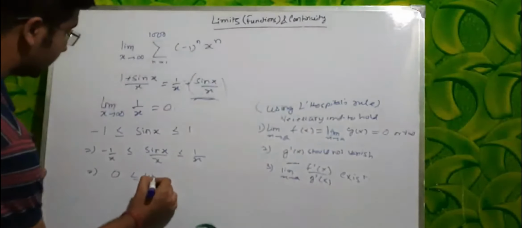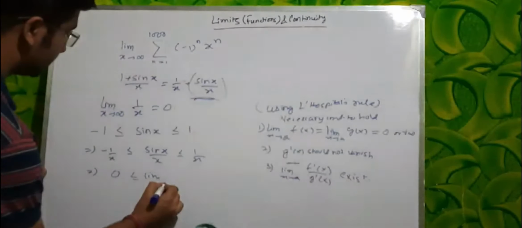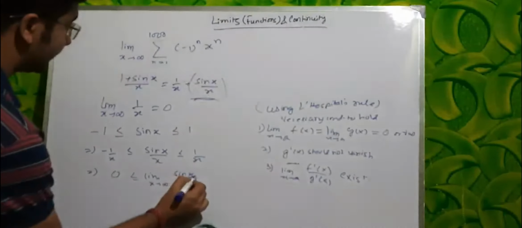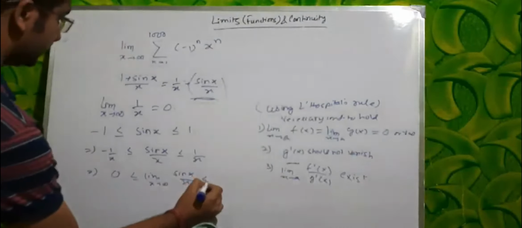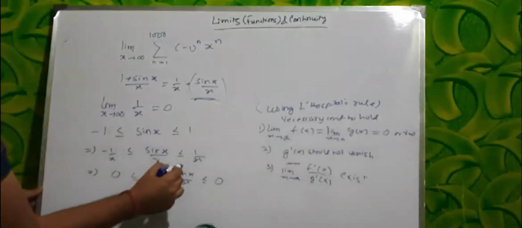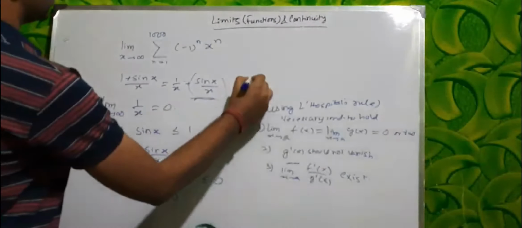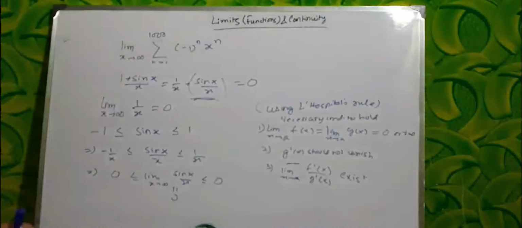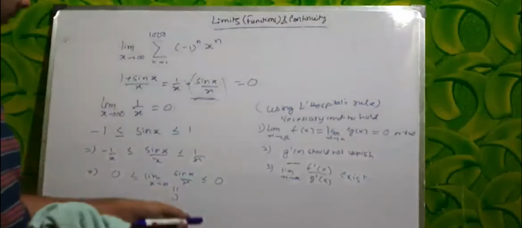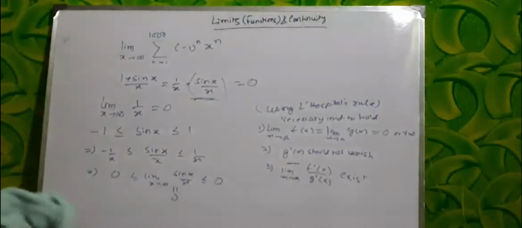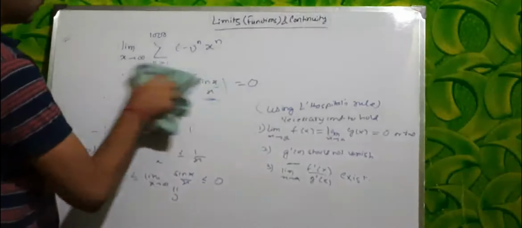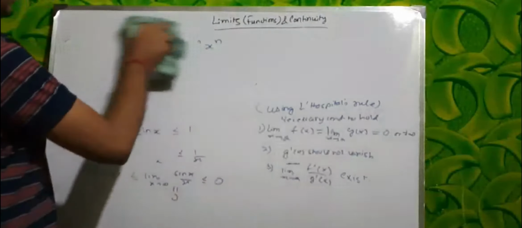So limit x tends to infinity of sin x by x is 0 by the sandwich theorem. So the value is 0. But when we applied L'Hopital's rule, we got that the limit doesn't exist. So that isn't true. Be very careful when you apply L'Hopital's rule.